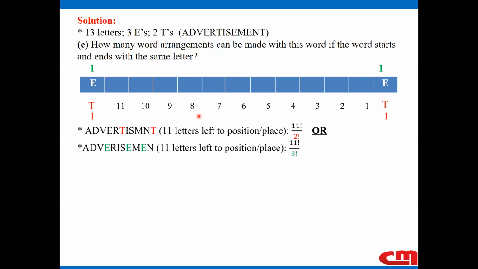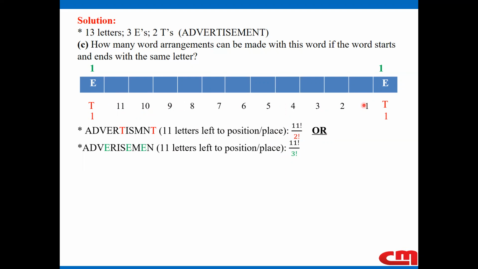I'm simply reasoning from the rule that I showed you, that is rule number 5, where we have a word with repeating letters. How are you going to approach this? This is what I'm doing here. So this is what makes me have here in the case of the E and E. Then in the case of the T, that is T here, T there, we have 3 E's repeating. So 11 factorial divided by 3 factorial, right?